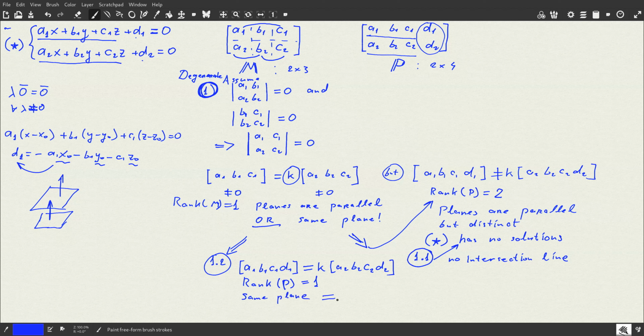And therefore, the intersection is the plane itself. So here there is no intersection line. Intersection is the plane itself.